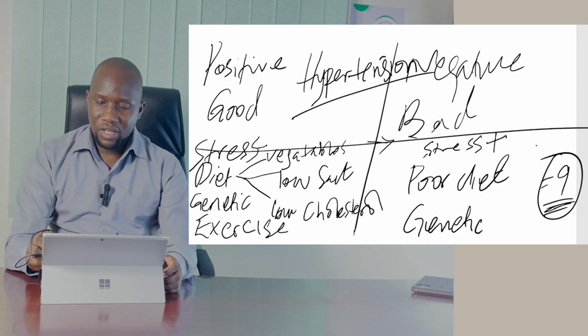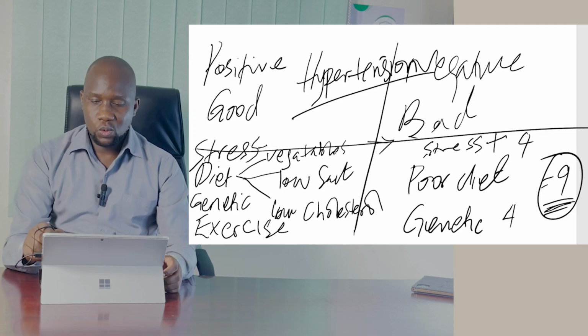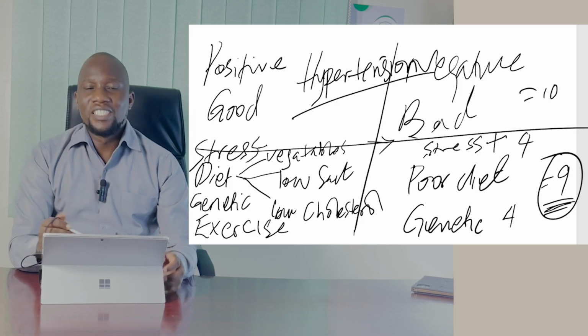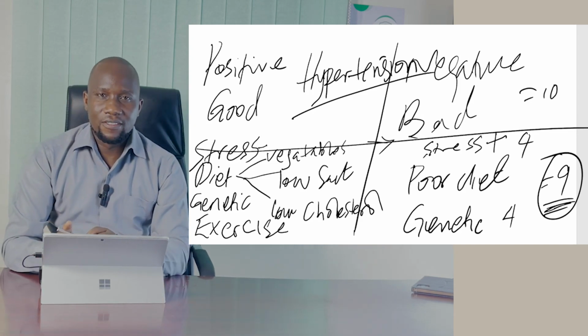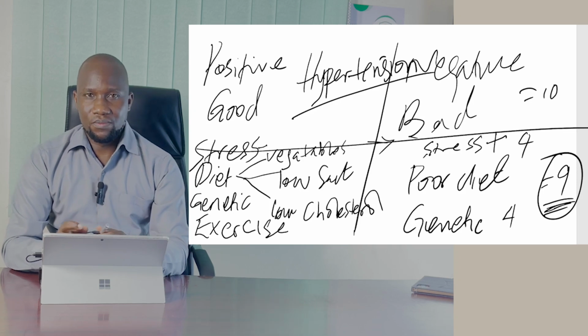So if we give a score of 4 here, and then you have a score of 4 here, and then when you add the 2, you actually get 10 instead of 8. That there is amplification of the effect when you have the 2 factors available.